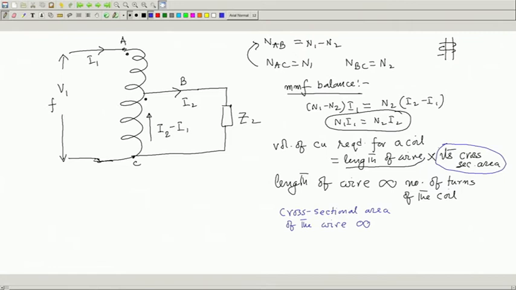So, cross sectional area of the wire is proportional to the current it is carrying. Based on that I have decided upon the cross sectional area. So, cross sectional area is proportional to the current, and we are talking about rated current. At rated current, based on that the cross sectional areas are chosen. Okay.